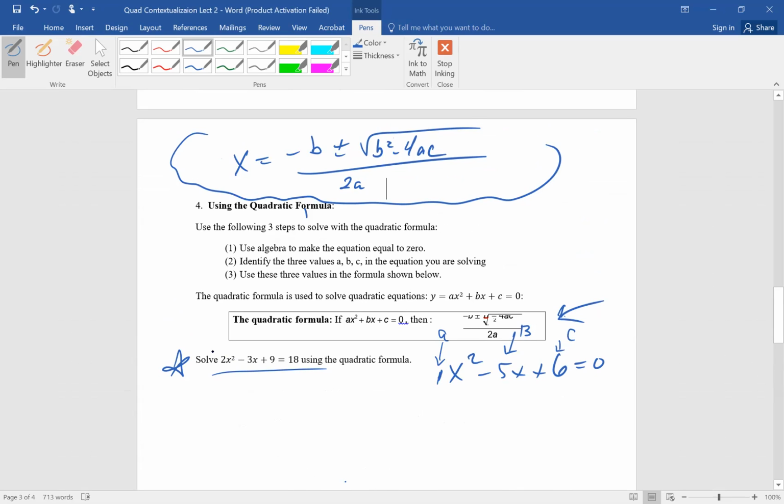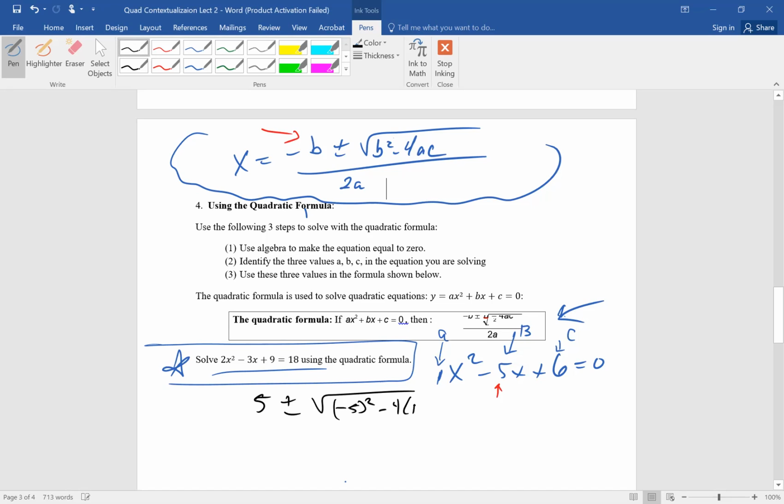I only came up here for room reasons, but the opposite of B, or negative B, is 5. So you're going to have 5 plus or minus the square root of negative 5 squared minus 4 times the A times the C, which is 6.